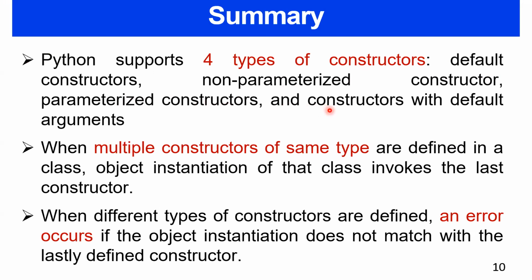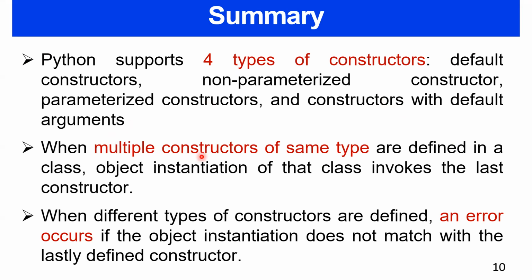And the last type is the constructor with default arguments, where some default values will be assigned to the attributes. And if no parameters are passed whenever an object is instantiated, these default arguments will be assigned to the attributes of the object.